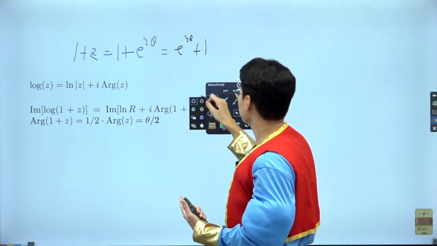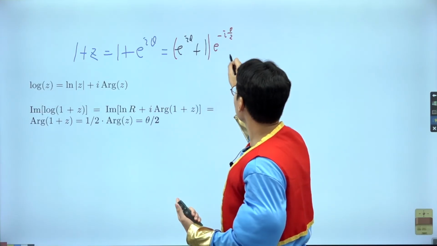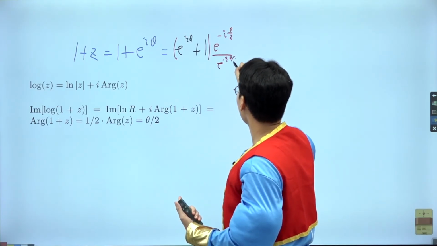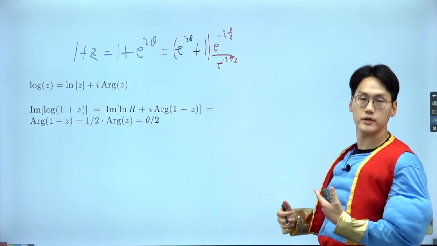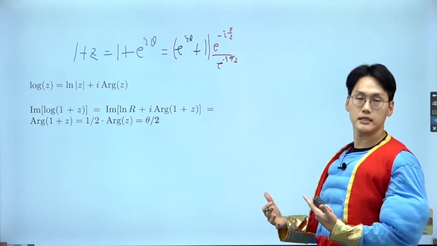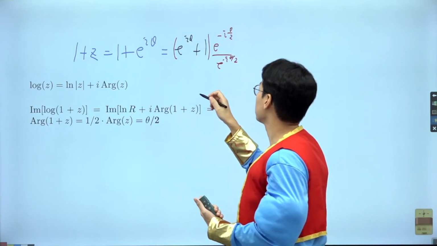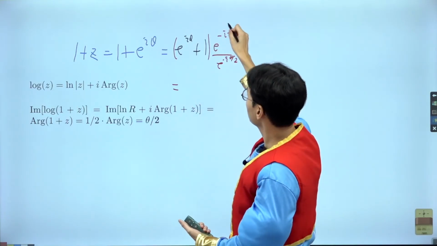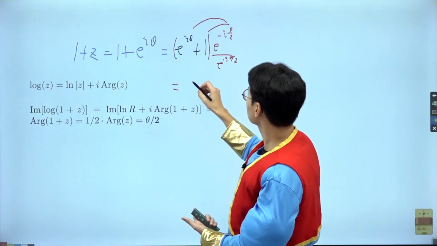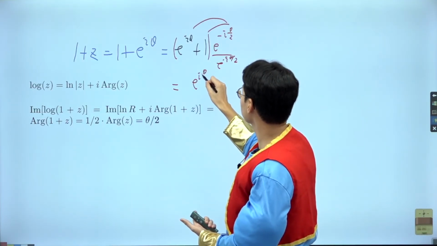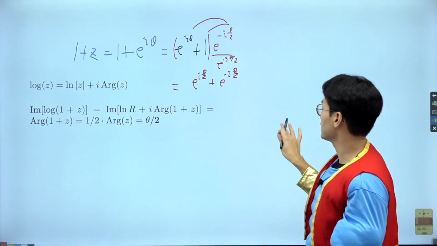And maybe I can multiply by the conjugate of half of it, on top and bottom, so that we can derive the hyperbolic identity on the complex number, which is going to give you either twice the real part or 2 times the imaginary part of the complex number. So if I now do the distribution, the technique that we learned from the first half of the video, this is going to be e to the power i theta over 2 plus e to the power negative i theta over 2. That's great, okay?